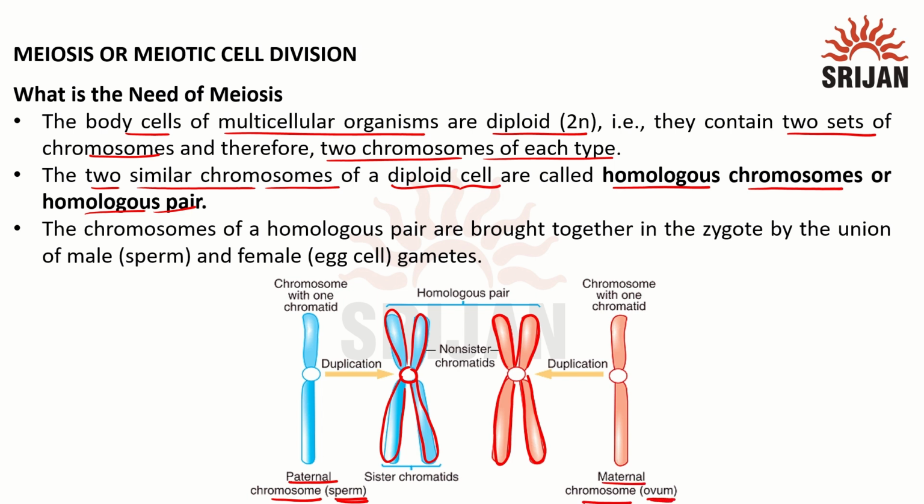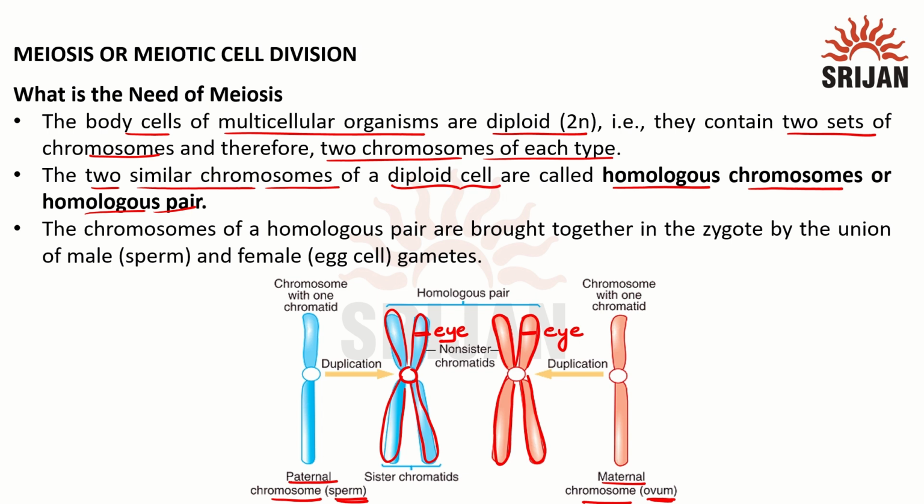So, what does homologous pair mean? This pair will have the same type of genes. That is, if there is a gene for eye color at this position in the father's chromosome, at the same position the mother's chromosome will also have a gene coding for eye color.